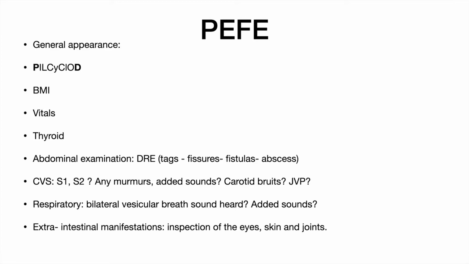So you can say, I would like to examine the eyes, and I'm looking for signs of episcleritis and uveitis. I'd like to examine the skin, and I'm looking for signs of erythema nodosum, pyoderma gangrenosum. And you can also mention that I'm looking for signs of ankylosing spondylitis, sacroiliitis, or any peripheral arthritis.